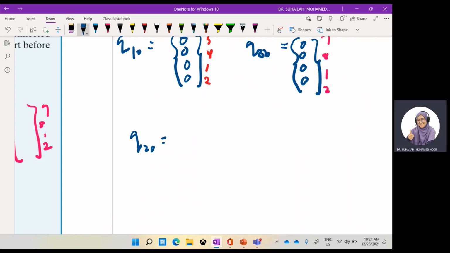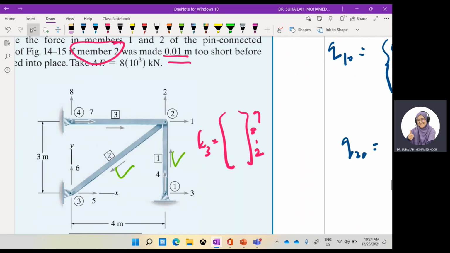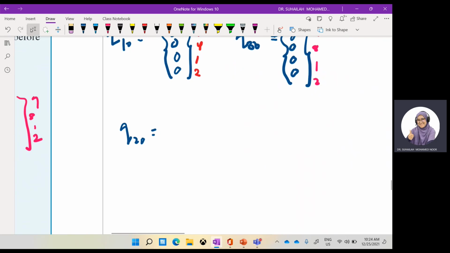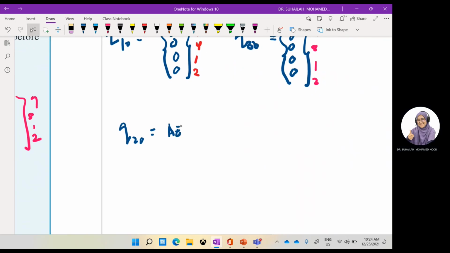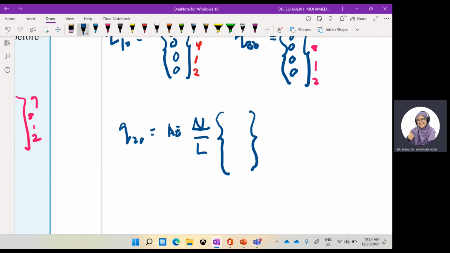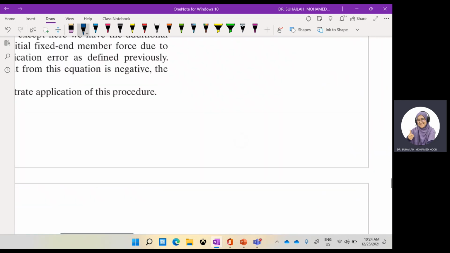And we have Q2 naught, which is equivalent to, the formula is AE delta L over L, and inside this matrix is CX, CY, negative CX, negative CY, based on the formula.